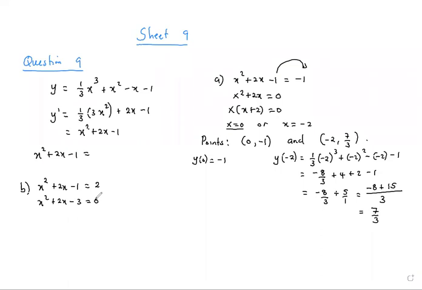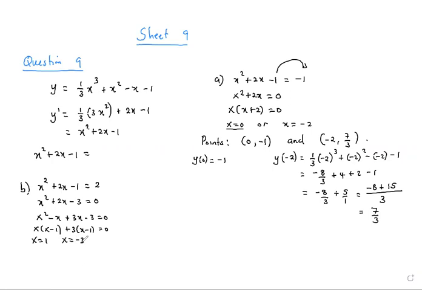This is a quadratic. So you have x squared minus x plus 3x minus 3 is 0. So x(x minus 1) plus 3(x minus 1) is 0. So x is 1, x is negative 3.